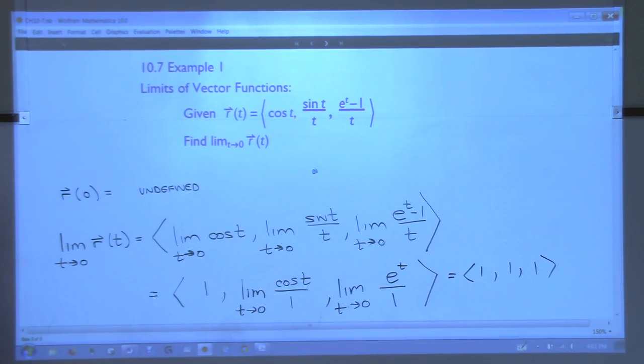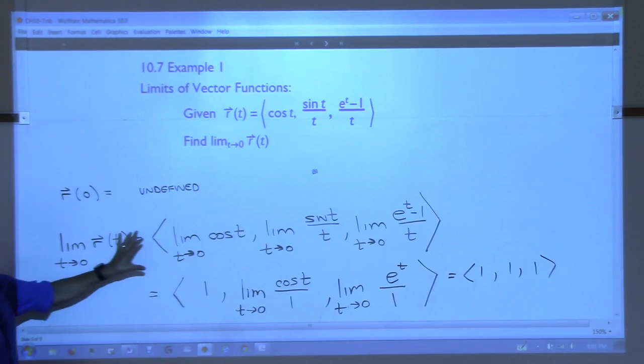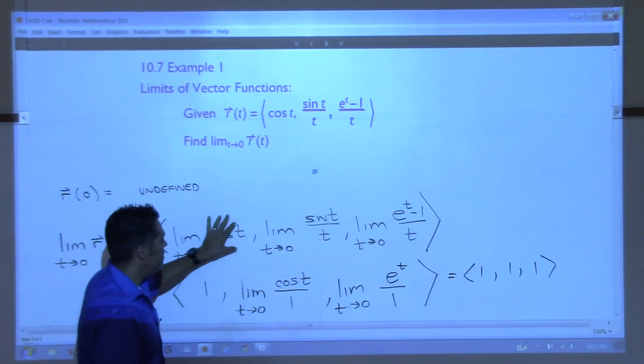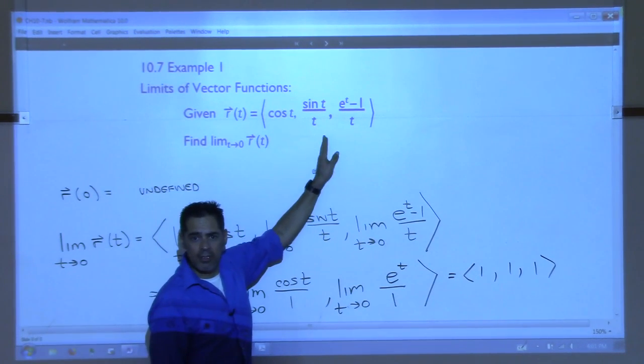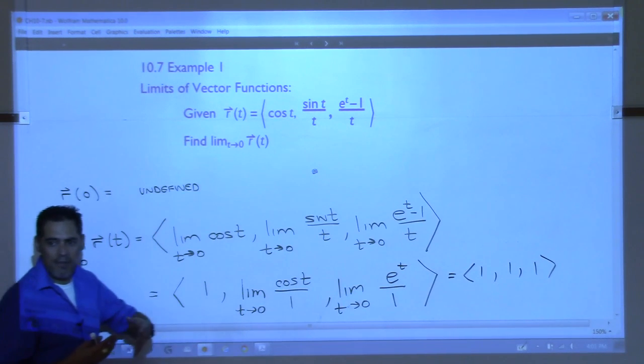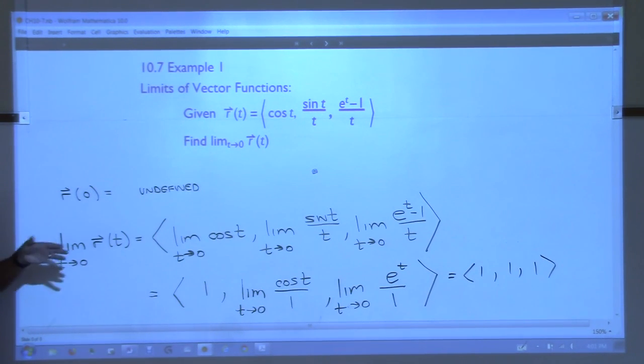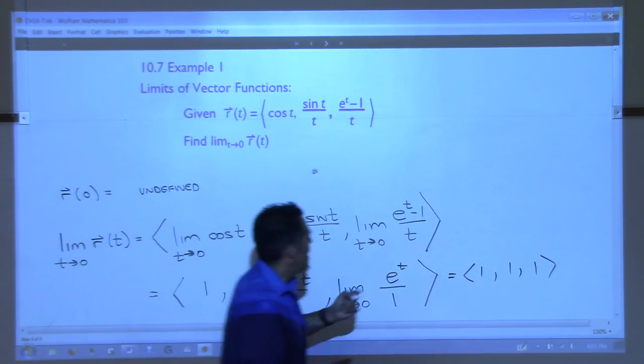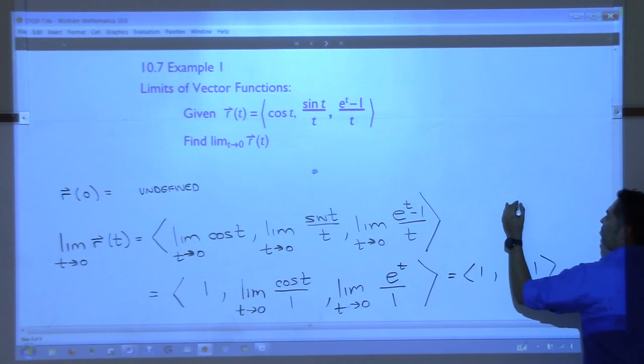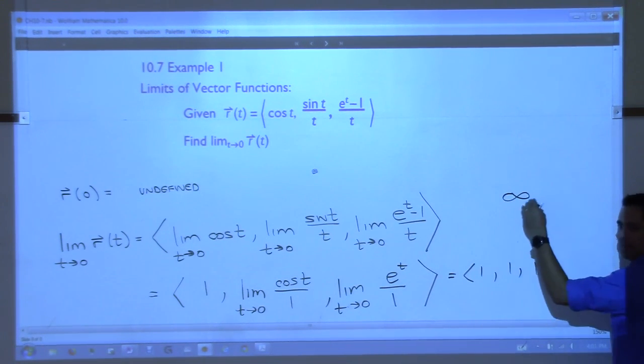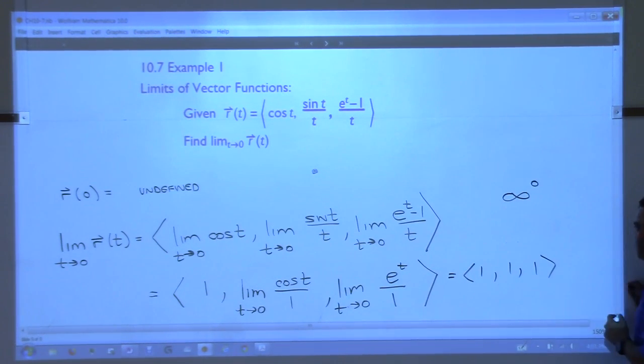I believe on one of the mini exams there's a problem like this, but these limits are much more challenging. I'm basically going to be testing how far back you can go into Cal 1 and pull out the different methods for calculating limits. So there are different ways, like you mentioned, you may have something where the base is becoming infinite and the exponent is headed towards 0.